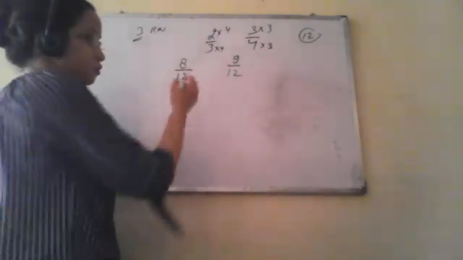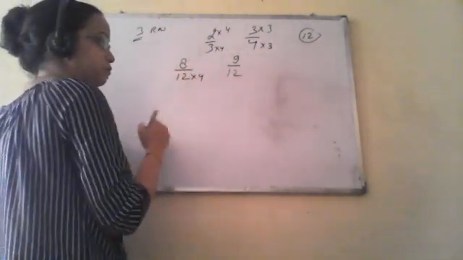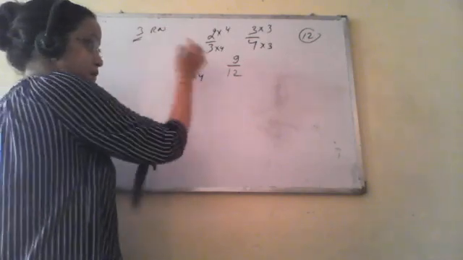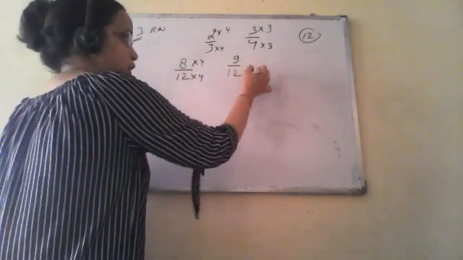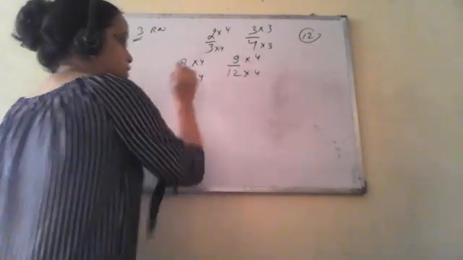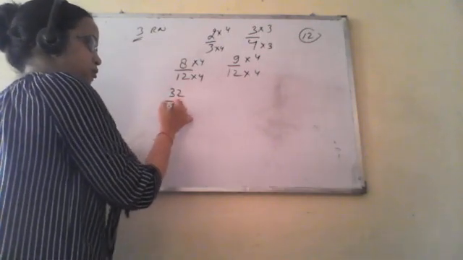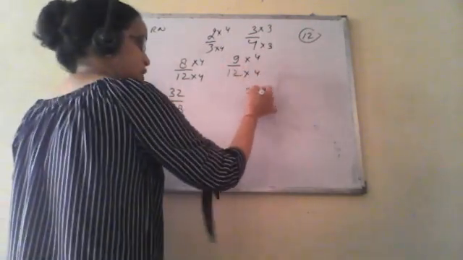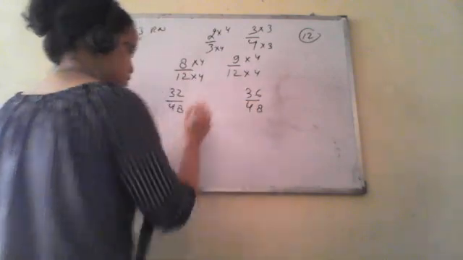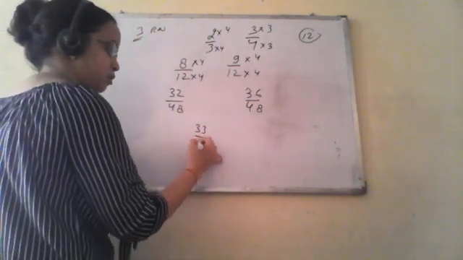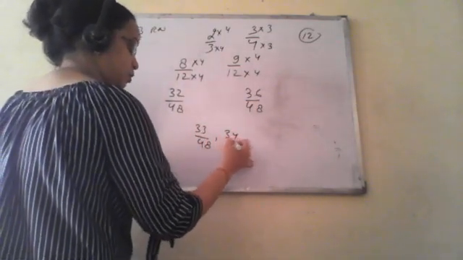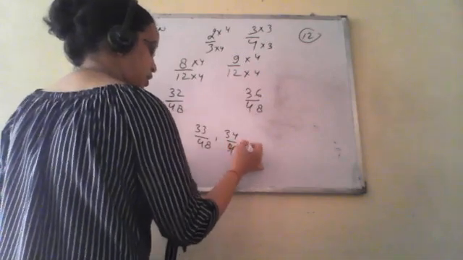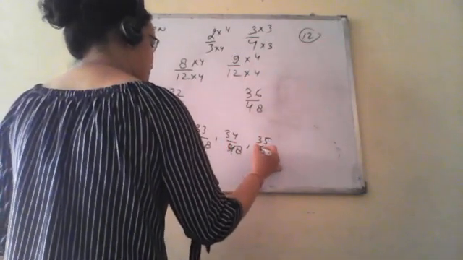What we can do, we will multiply this by 4, that is 3 plus 1. So this is 32 upon 48 and this is 36 upon 48. So the rational numbers will be 33 upon 48, 34 upon 48 and 35 upon 48.